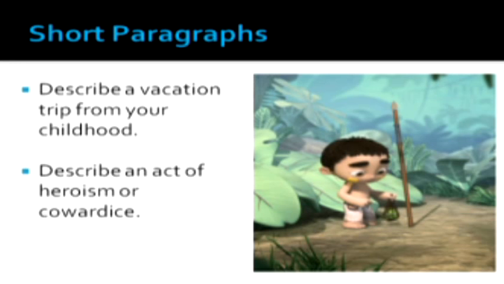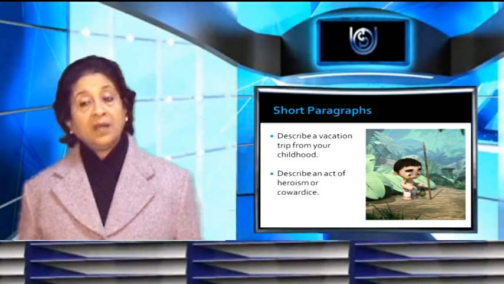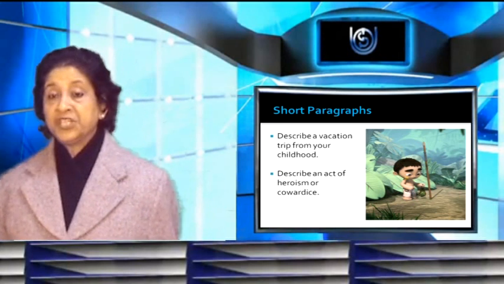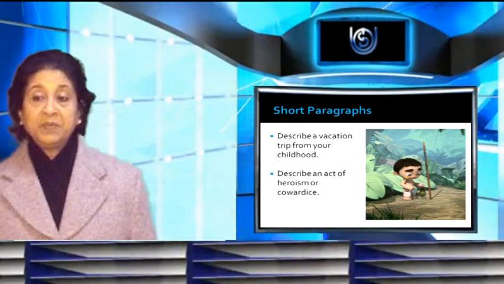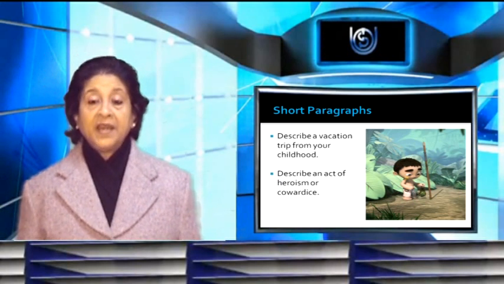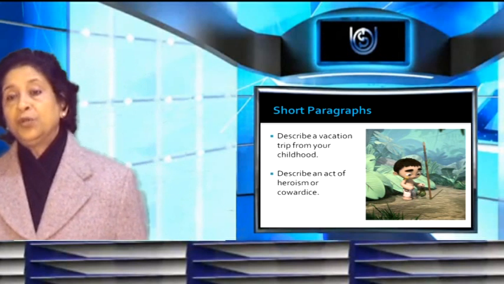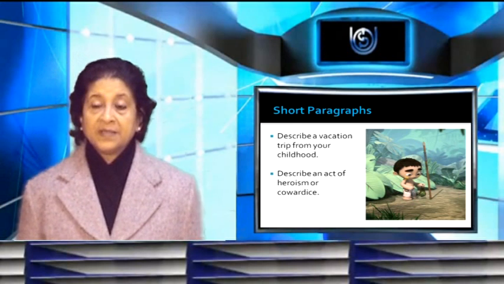Like describe a vacation trip from your childhood. When you were a young child, you had gone on a vacation somewhere, you have to describe that. Or you have to describe an act of heroism or cowardice. Both the topics are interesting topics.